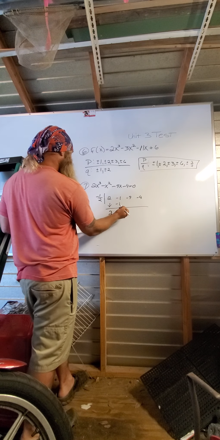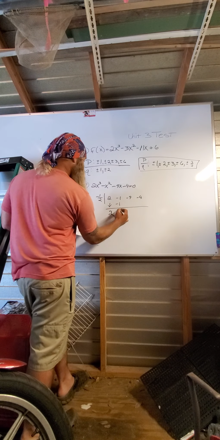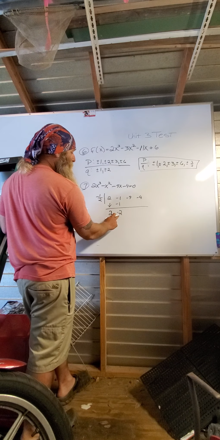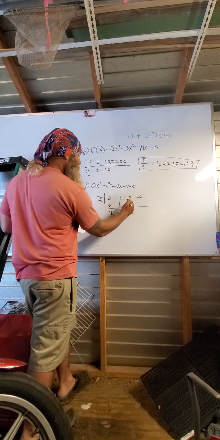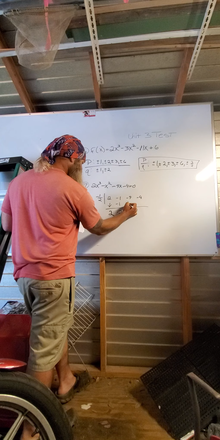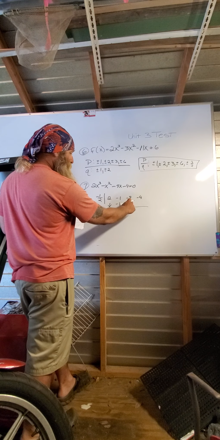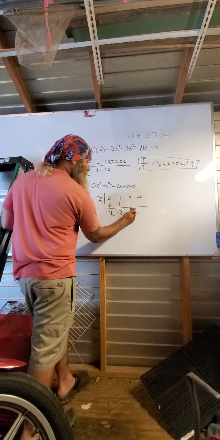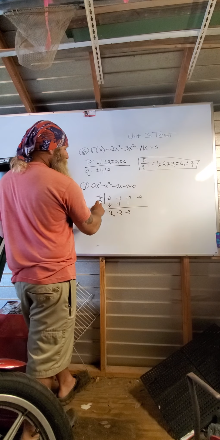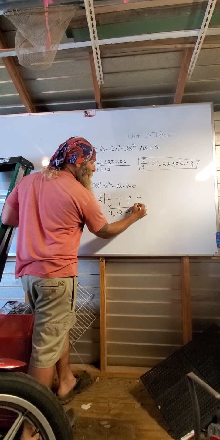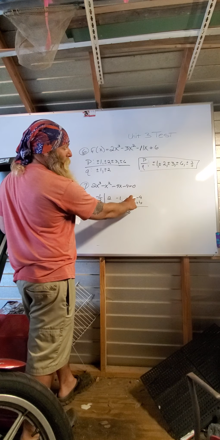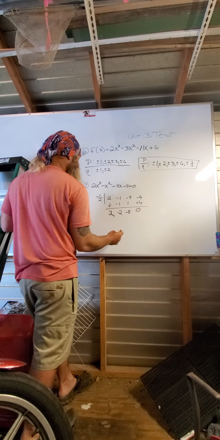Negative 1 plus negative 1 is a negative 2. Negative 1/2 times negative 2 is a positive 1, that's correct. Negative 9 plus 1 equals negative 8. And negative 1/2 times negative 8 is a positive 4. Negative 4 plus positive 4 equals 0.